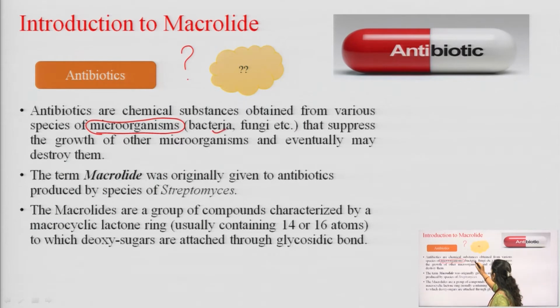They can be bacteria, fungus, etc. So, antibiotics are the chemical substances which are produced from microorganisms like bacteria and fungus, and which are helpful in destroying the other microorganisms. So, collectively we can say that antibiotics are chemical substances obtained from microorganisms and are used to suppress the growth of other microorganisms, and in higher concentration they can eventually kill them.